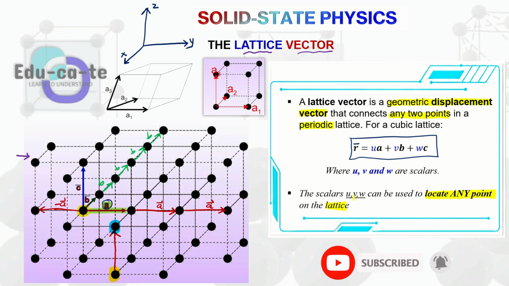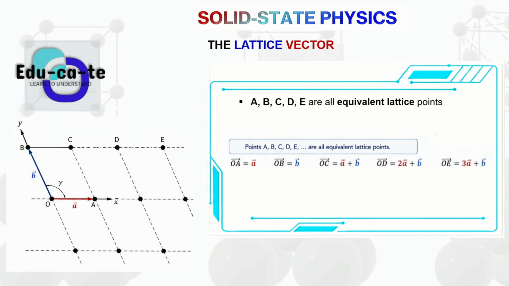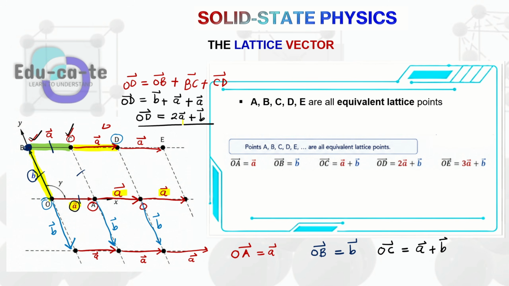You just need to know the scalars, which are the U, the V, and the W. For the example that I've already done for you here, this vector OD, moving from point O on the lattice to point D on the lattice, we had to have two vectors of A, and then one vector of B for us to move from point O to point D.